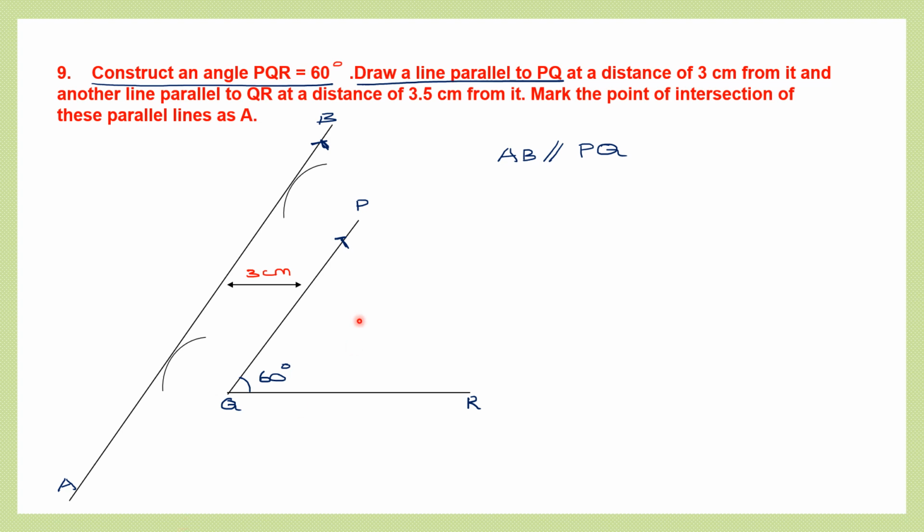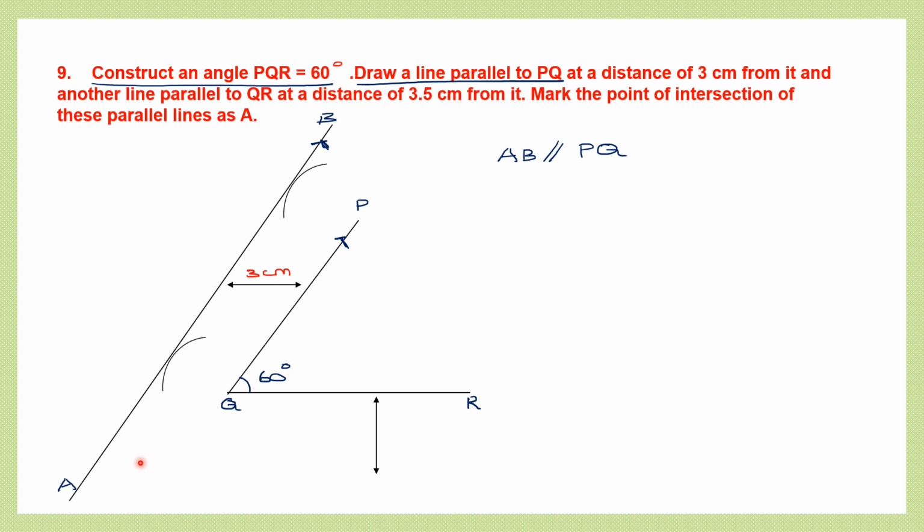Now I'm going to draw similarly by following this. I have to draw another line parallel to QR. So here I have QR. I need to draw a parallel line but at a particular distance again. In the same way, I'm going to take my compass and measure 3.5 centimeters on it. I'll place it at Q and draw an arc. Then I'll place it at R and draw another arc.